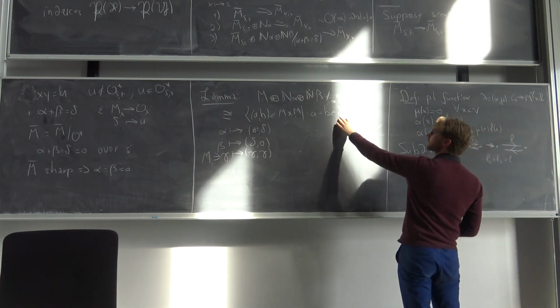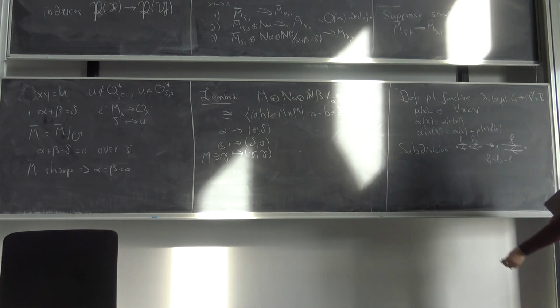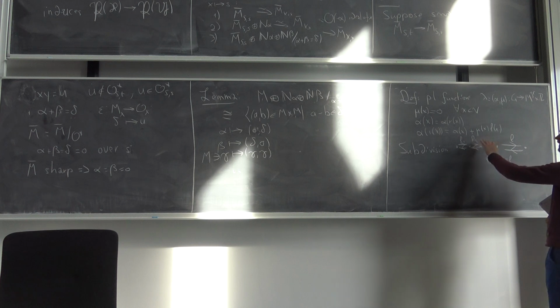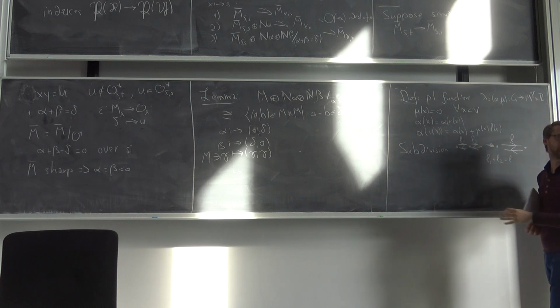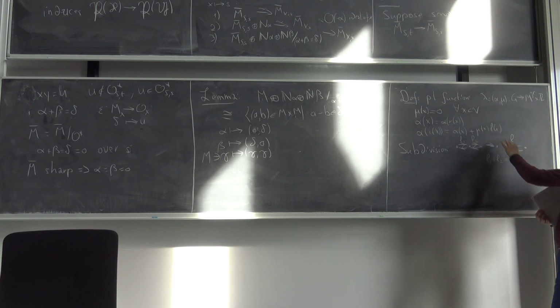And the difference should be an integer multiple of the length. So that's exactly what we have here. We have two values in M, which are the values on the different vertices. And their difference is exactly an integer multiple of the length.